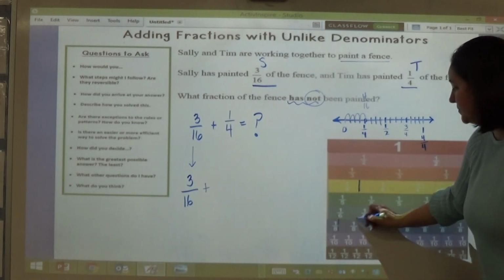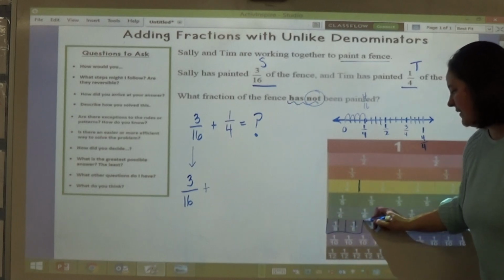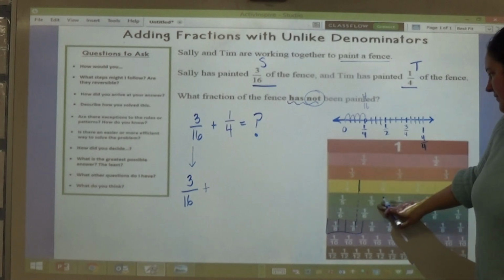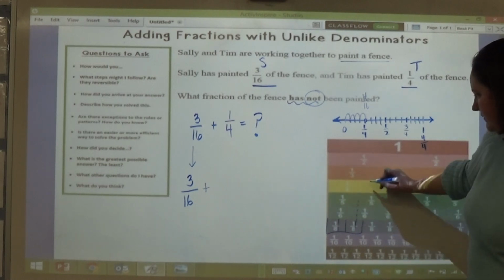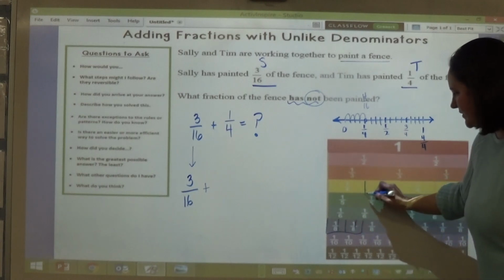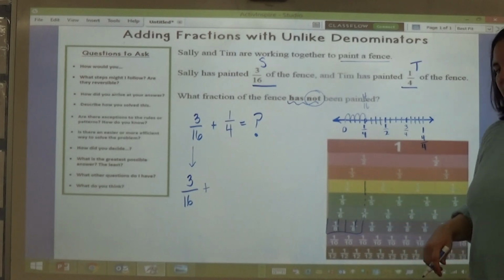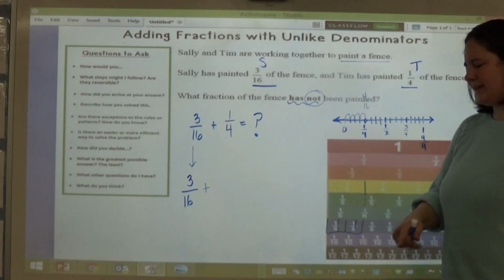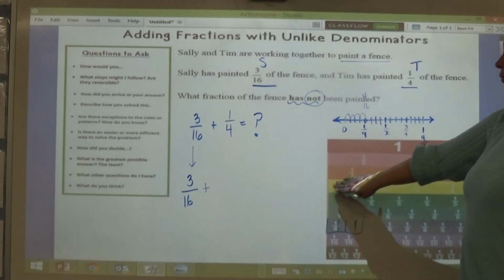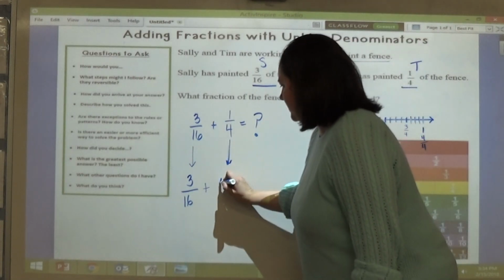So if I split these 8ths in half, and I line it up with my 1/4, oops, I drew my 1/4 line in the wrong spot. 1/4 is right there. I will see that 4/16 is equal to 1/4, okay? All right, so I'm going to go ahead and write 4/16.